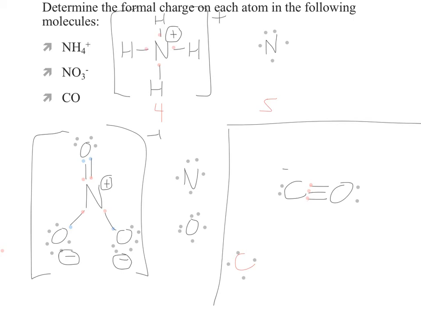This is a minus formal charge on the carbon. Oxygen has 2 of its own and then 3 in the bonds, so oxygen has 5 as well around it. Typically it has 6. So it's missing one. It has a positive formal charge, and you see those cancel each other out. So the molecule is neutral, but each one does have a formal charge.